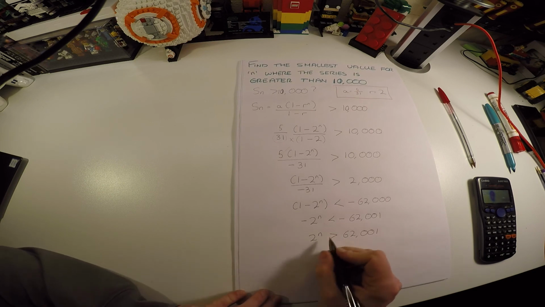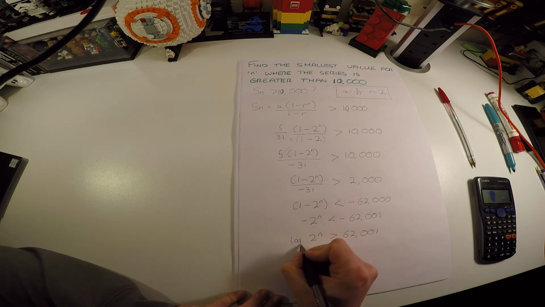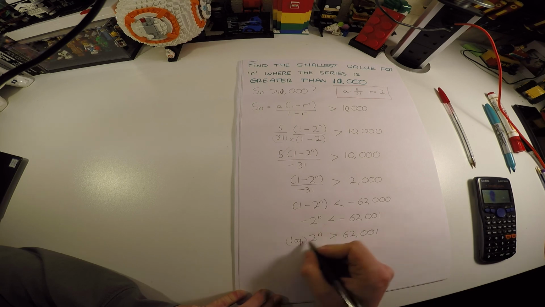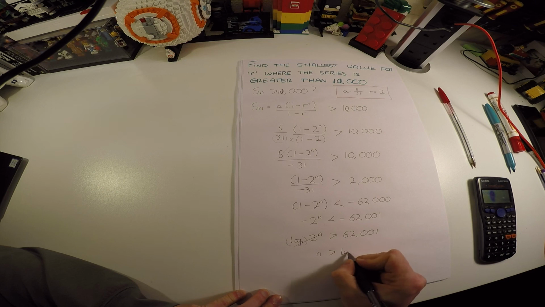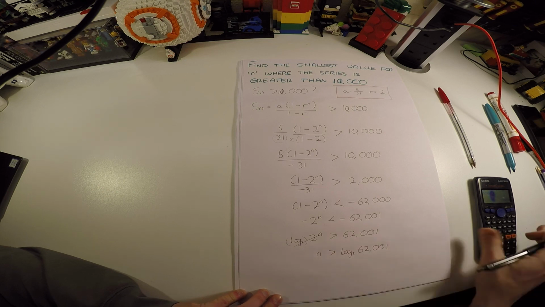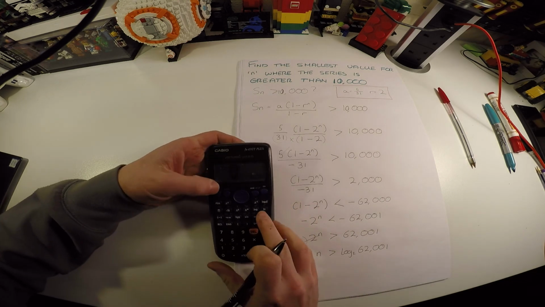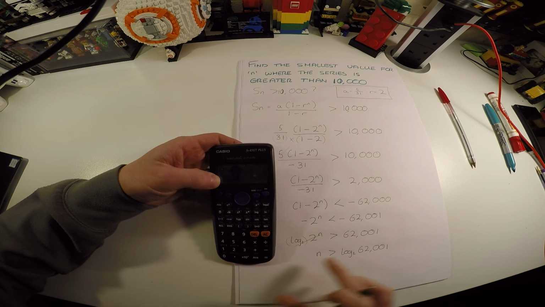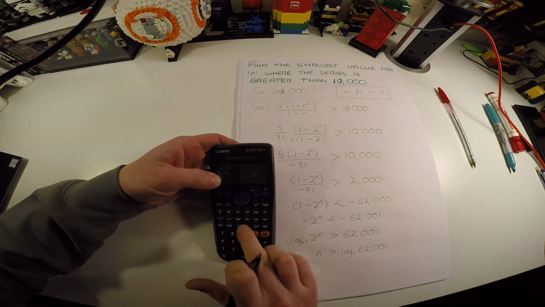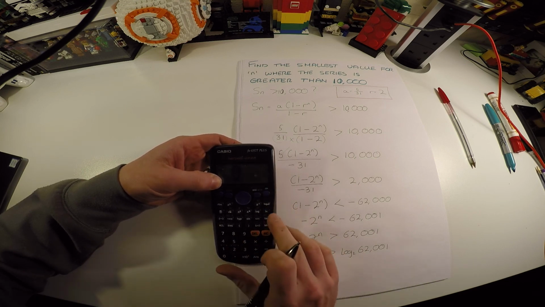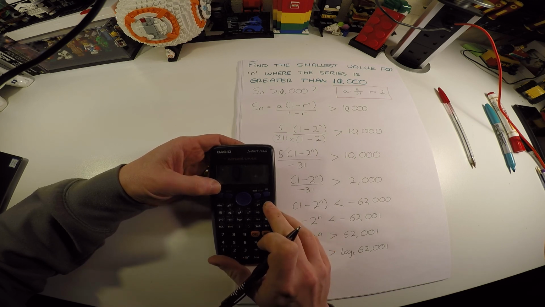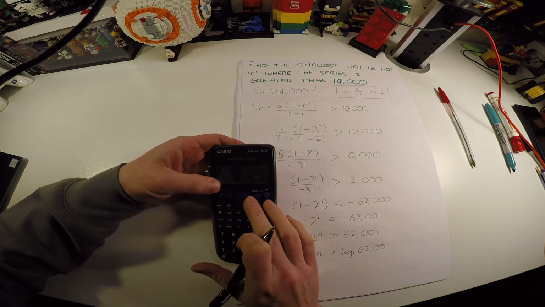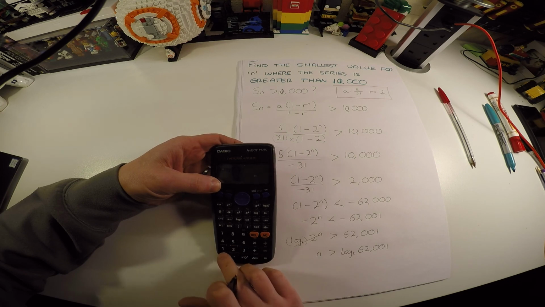How do I bring that n down? Well, it's going to be the log base 2 of both sides, and of course log base 2 of this side is going to get rid of this, and we're going to be left with n greater than the log base 2 of the other side, which we also have to do. So log base 2 of 62,001.